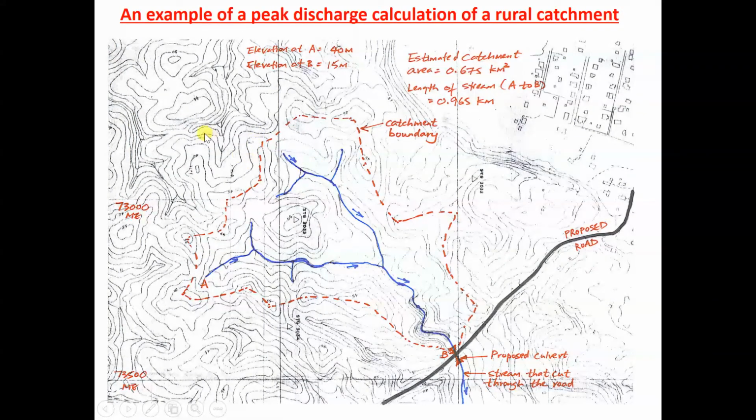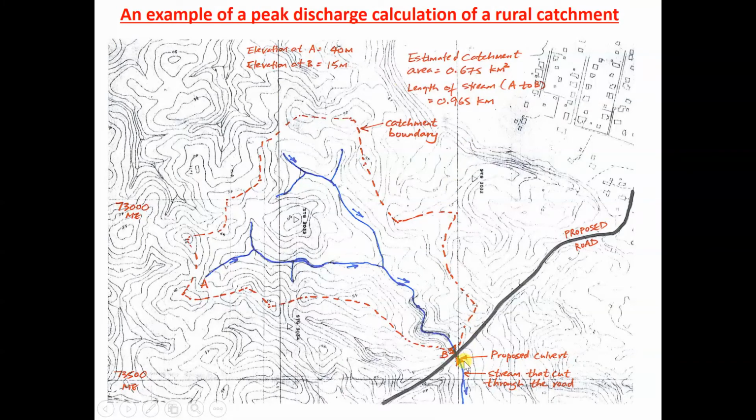Okay, for the peak discharge calculation of a rural catchment. We got the elevations for A and B, and then we have the length, 0.965 kilometer, and the catchment area is 0.675 square kilometer.